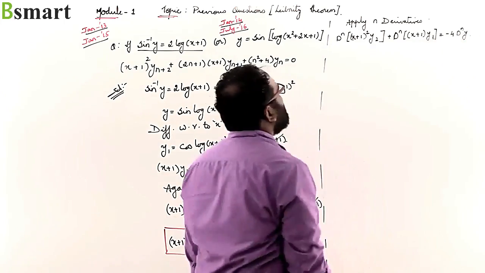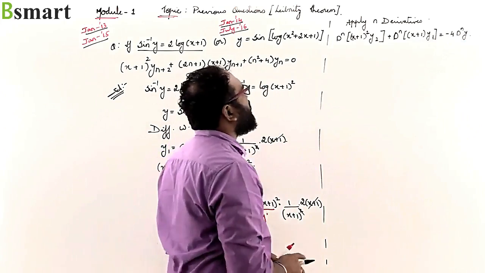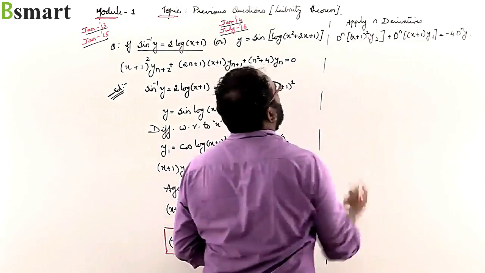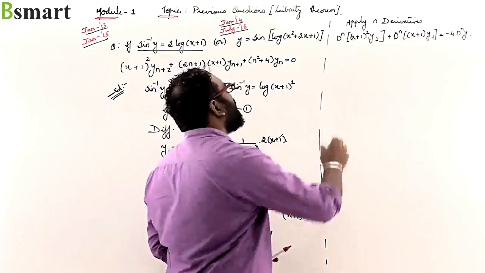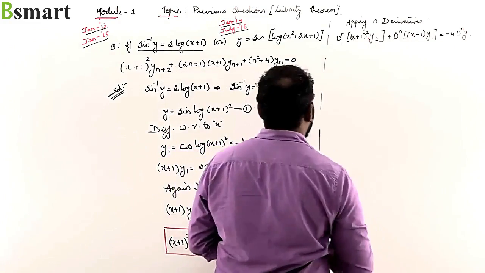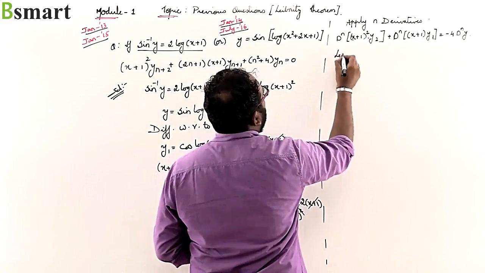As we have the product of two terms, that is (x plus 1) whole square and y2, in order to find the nth derivative we'll be applying Leibniz theorem.